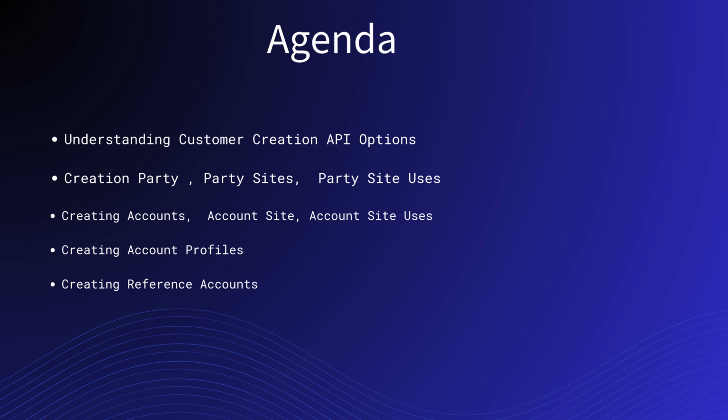Then we'll see how to create the account profile. The profile class is going to be very important because our advanced collection works on profile classes. And then we'll see how to create reference accounts. Those reference accounts are going to be used to pull the revenue accounts, reference accounts and the tax accounts onto the invoice.